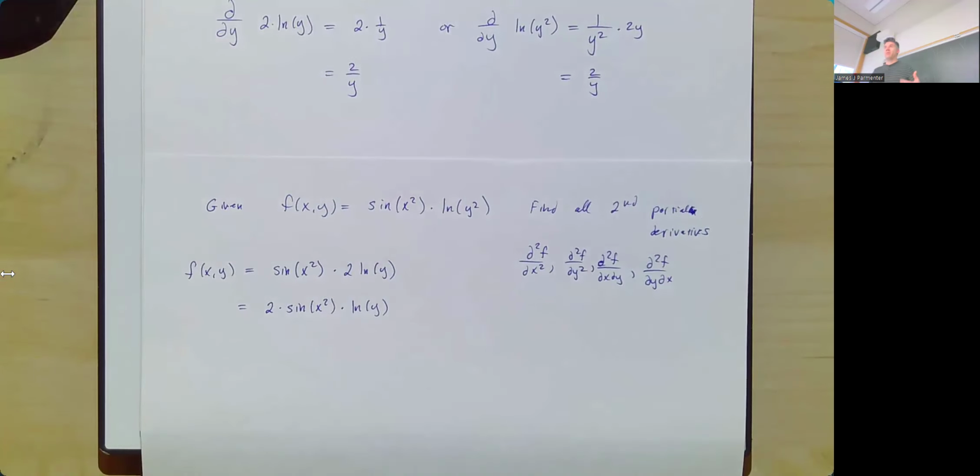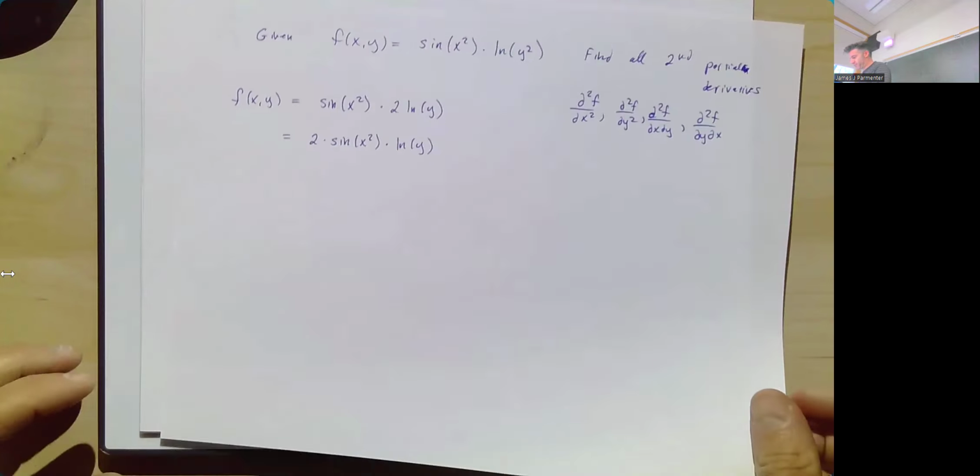It matters in that it makes it easier to find the derivative, in my opinion, but if you don't do that simplification and you still do the right derivatives, you will get to the same correct answer. Okay.